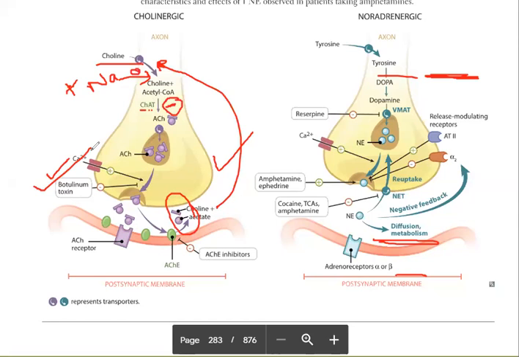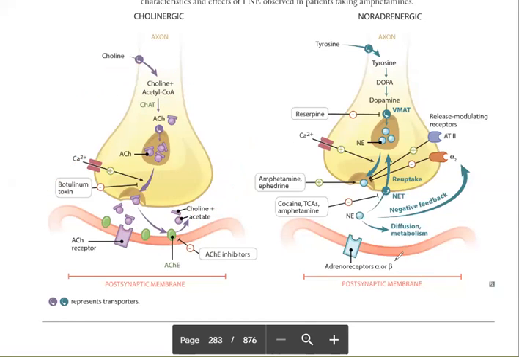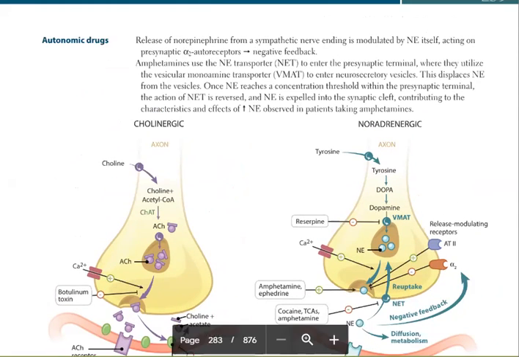So you understand this picture really well now, okay? I will explain this picture when we start the adrenergic drugs, and all this above is written about the noradrenergic thing, so that is why.